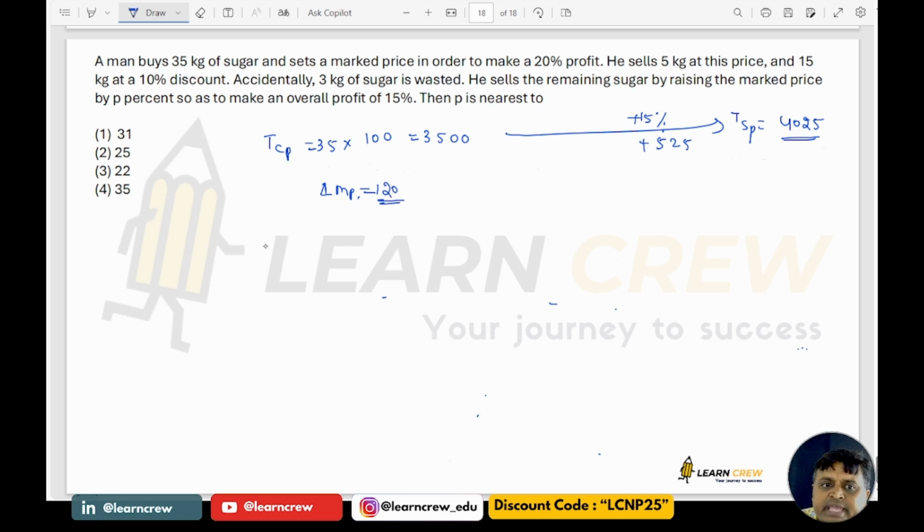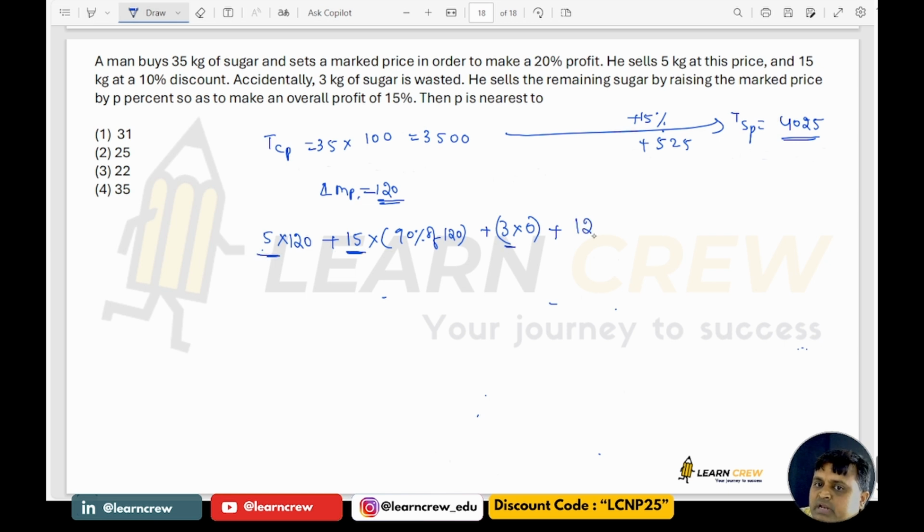He sells 5 kgs at this price and 15 kgs at 10% discount, so 90% of 120, and 3 kgs of sugar is wasted. Wasted means 0. Remaining how many? 5 plus 15, 20, 20 plus 3, 23.